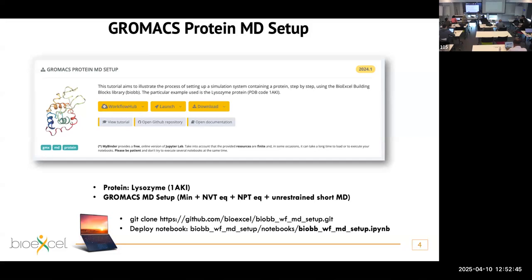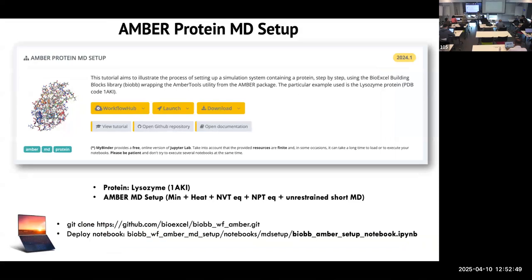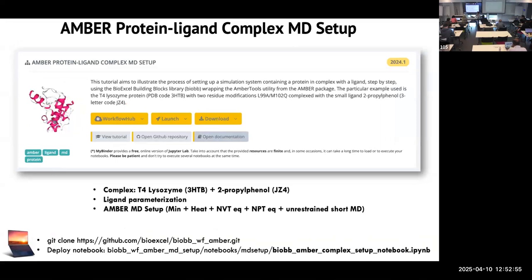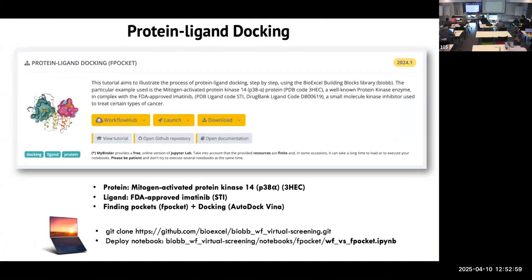This is for the GROMACS protein MD without the small molecule. This is if we want to do it with Amber, really different MD engine, but exactly the same process, step by step. And this is Amber with a small molecule. This is a nice one, which is a protein ligand docking using AutoDock Vina.